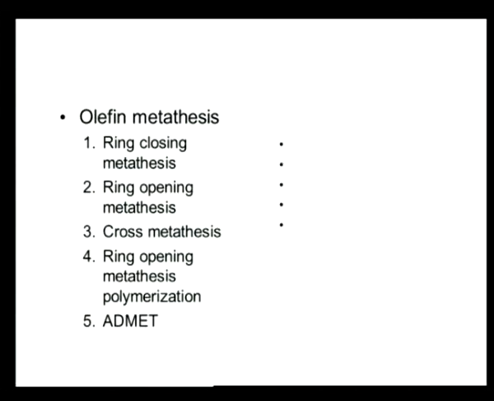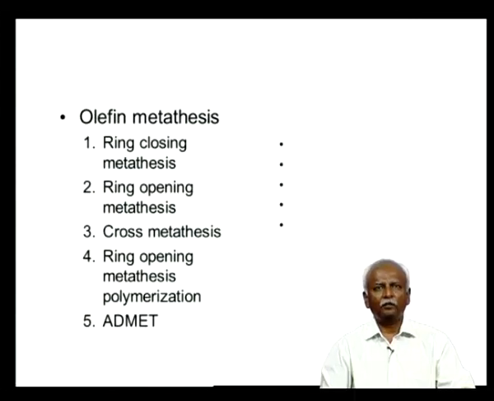So, in the next lecture, we would in fact be discussing how olefin metathesis can be carried out in a variety of different ways, and we can use it for carrying out products that would lead to rings. So, that turns out to be ring closing metathesis. We can also have ring opening metathesis, where strained rings are opened, and we can have several reactions where you can carry out ring opening polymerization reactions, and so new polymers could be made.